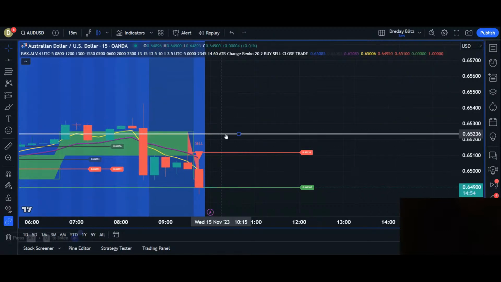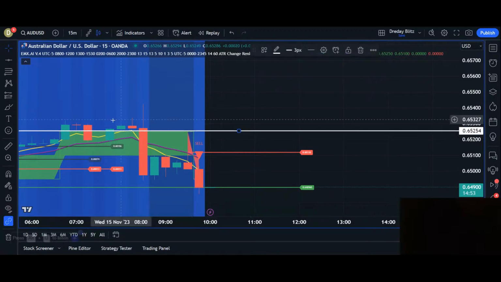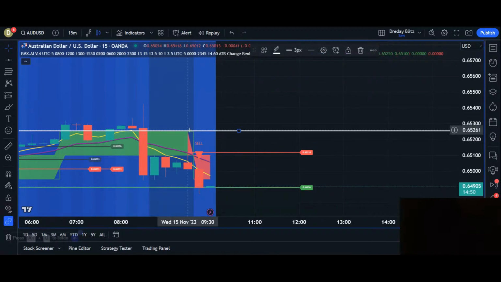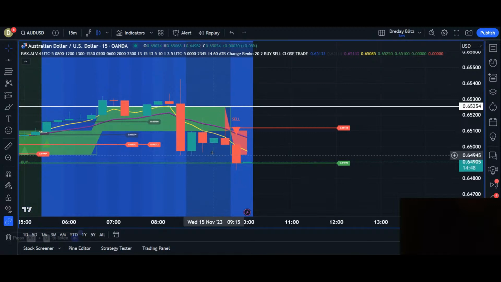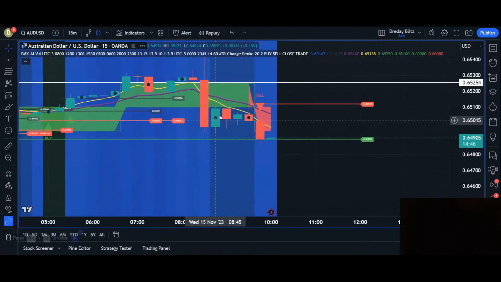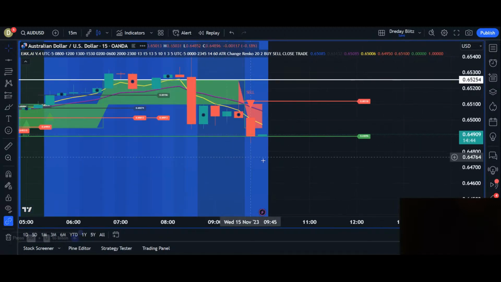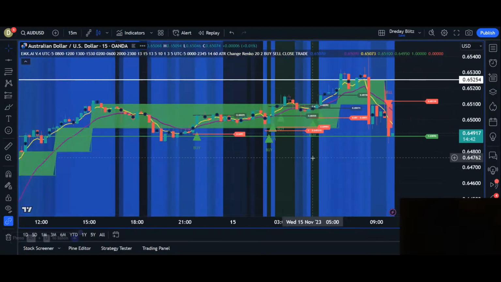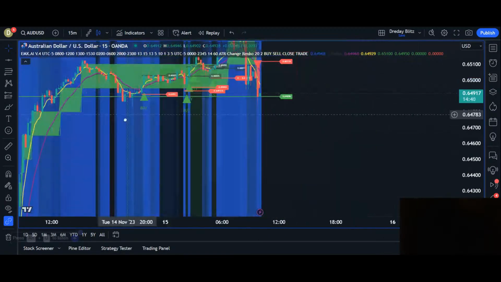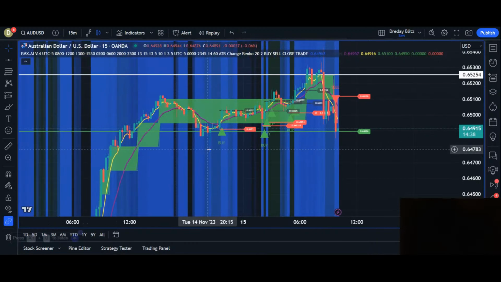That means your stop loss price should be here. And then you wait for your take profit. Your take profit should be where the trend switches.